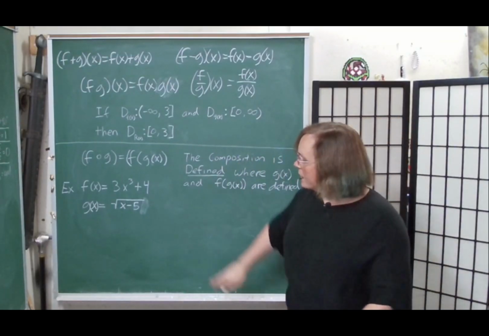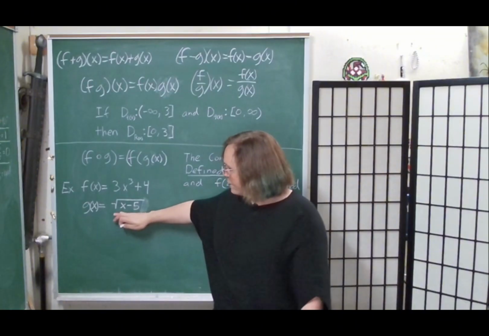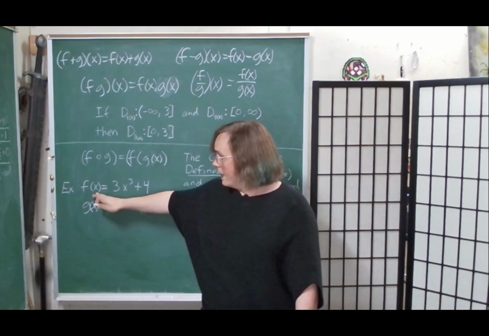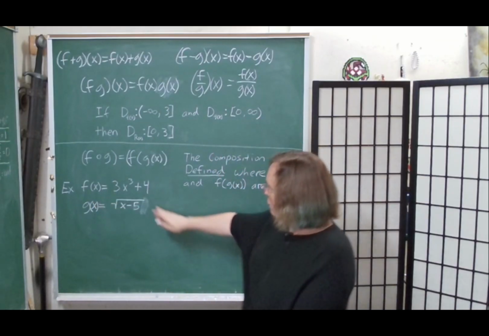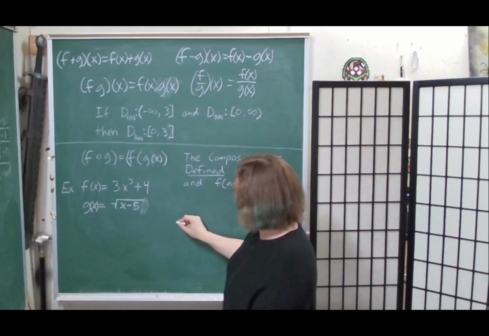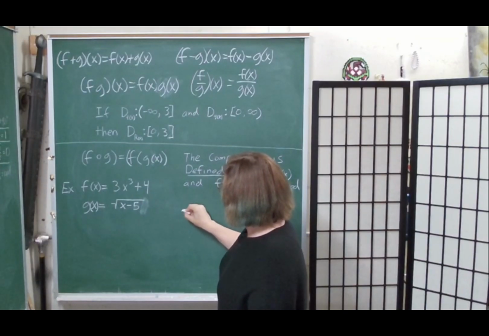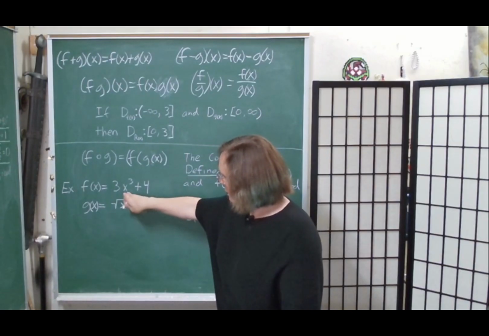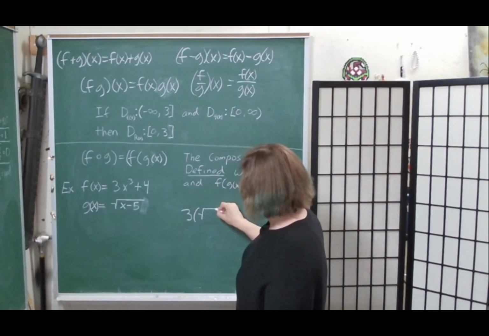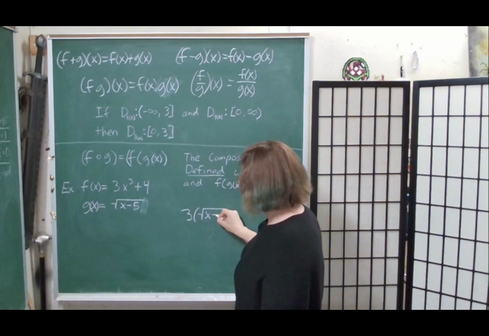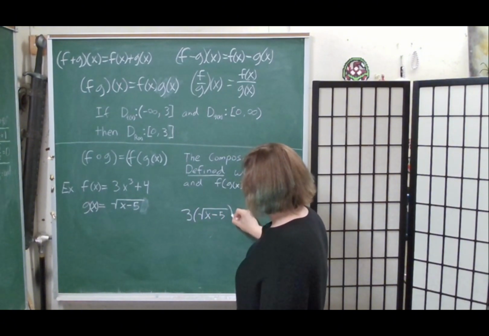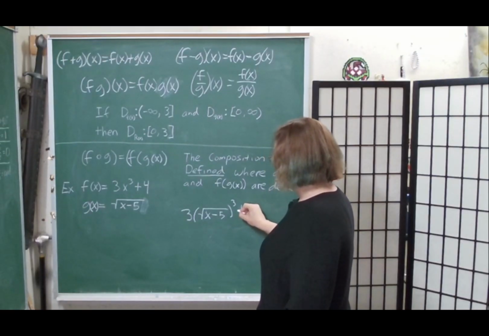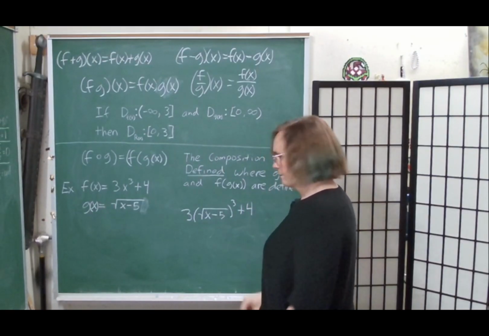So to compose this, we're simply going to take this function, stick it in parentheses, and put it where the x is in our other function. So to do that, we're going to say our f of x is 3, and then we take our g of x, put it here, so that's the root of x minus 5, in parentheses, and then we go cubed plus 4.